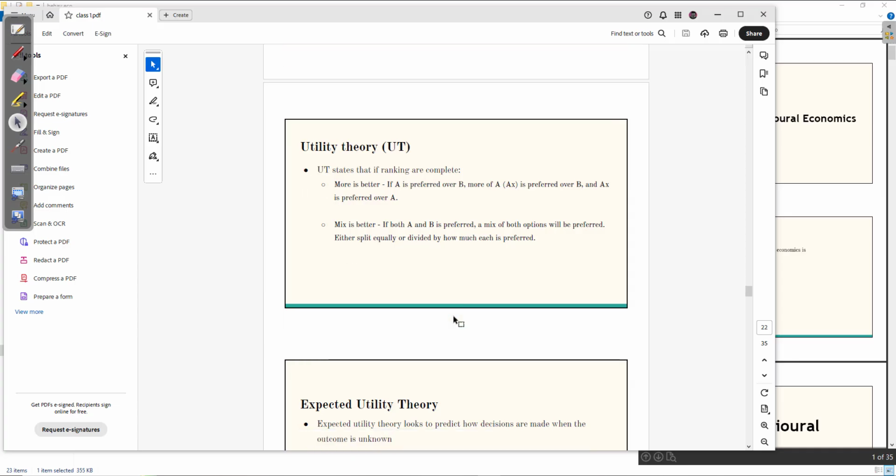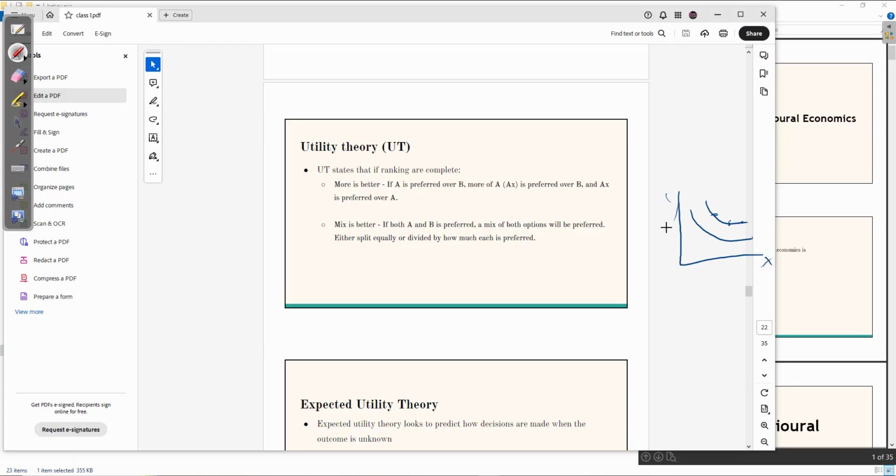The theory states that if rankings are complete, more is better. If you have options A and B, and A is preferred over B, then more of A, AX, is preferred over A. For example, if there is a bundle of goods, I talked about the combinations of the goods, and in different combinations you have different quantities of the goods.